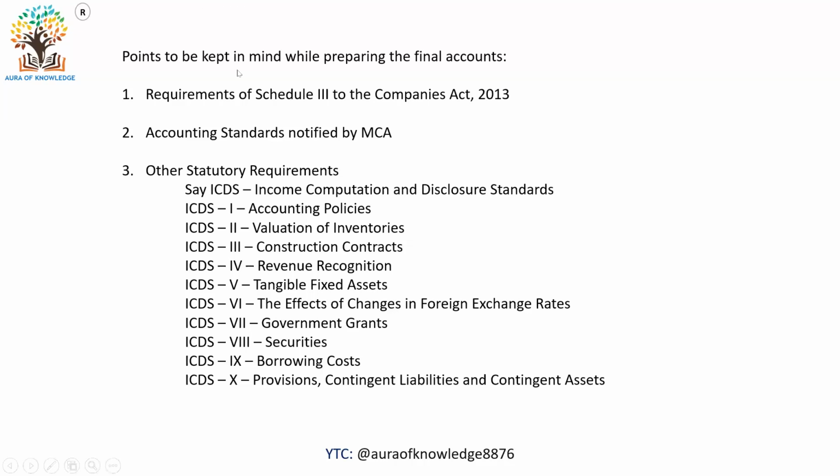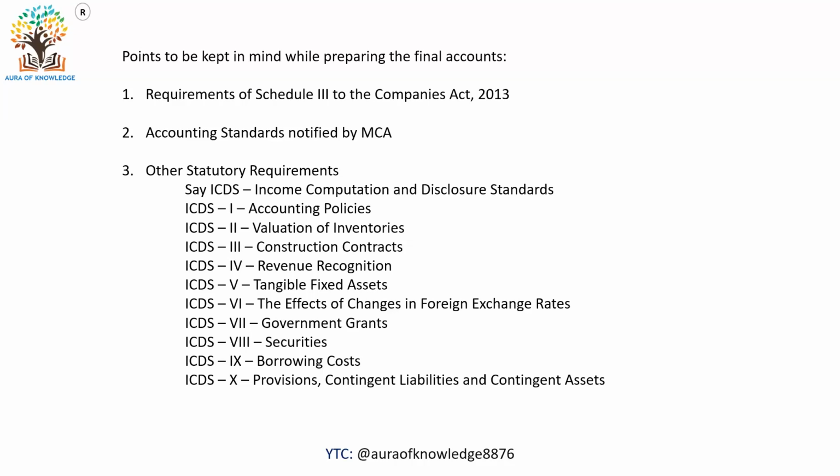Say, for example, now you see construction contracts. Here ICDS 3 is there. Out of the 10 they have provided, take construction contracts. In case of accounting standards, there are two methods: one is the completion method and one is the percentage completion method.